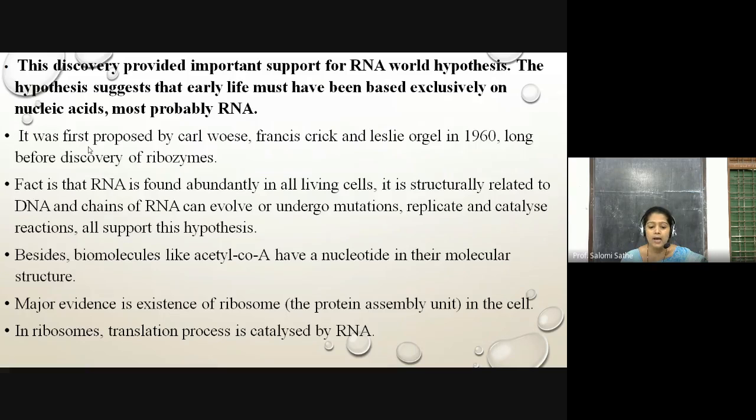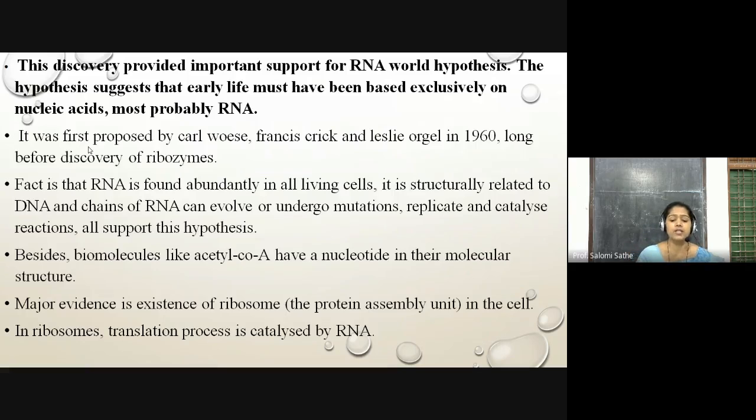In fact, RNA is found abundantly in all living organisms. It is structurally related to the DNA, and chains of RNA can evolve to undergo mutation, replication and catalyze reactions. Besides, biomolecules like acetyl-CoA have a nucleotide in their molecular structure.